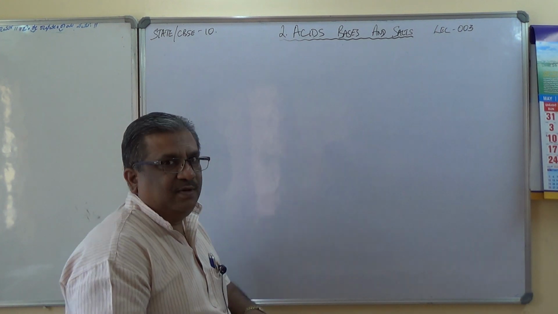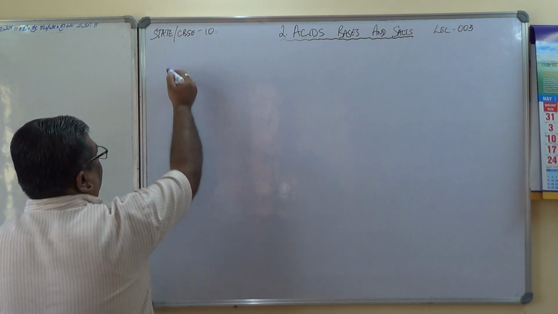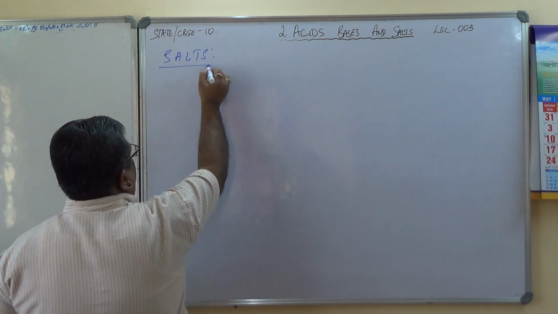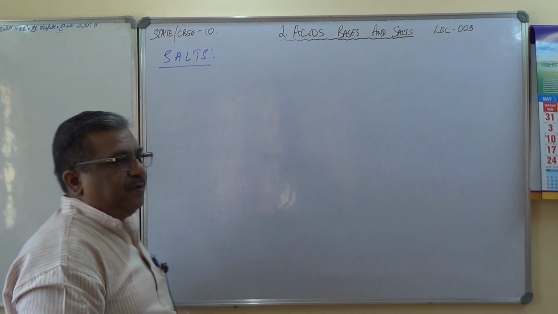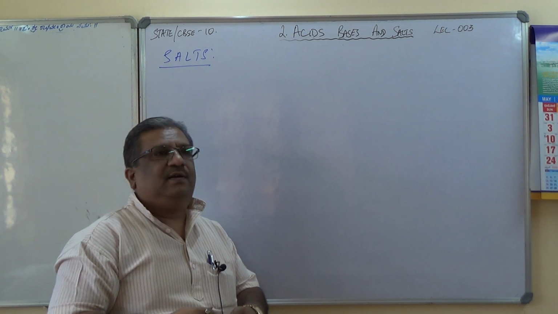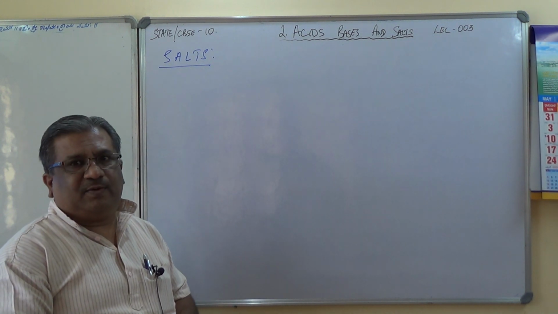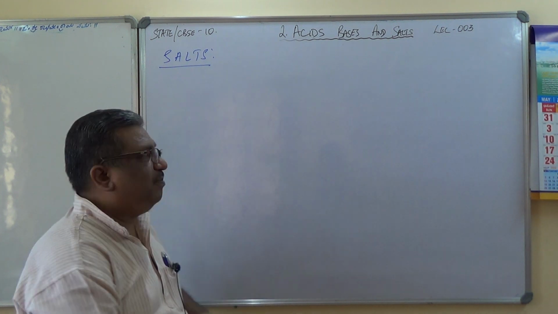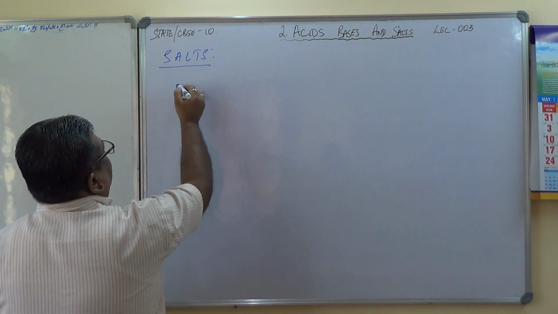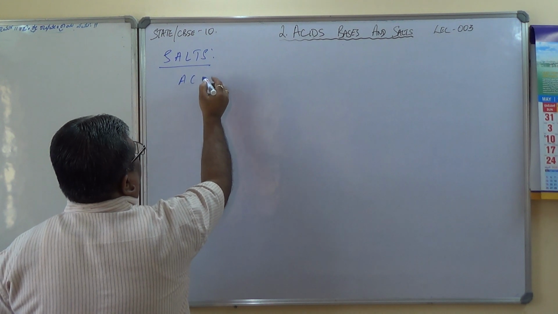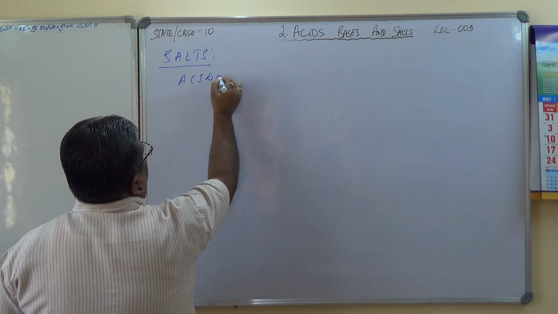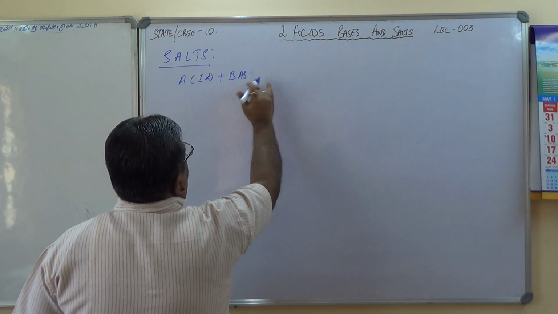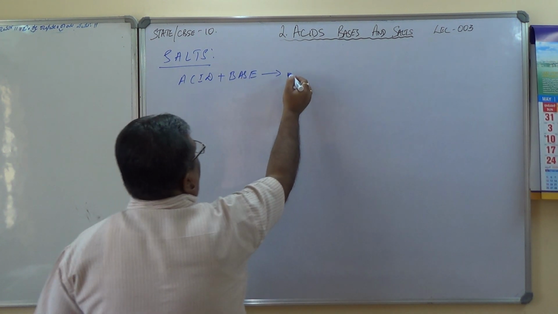Let us study now the salts. Salt is a product of neutralization reaction. When acids and bases react together, due to neutralization reaction, salt and water is produced. So when acids and bases react together, acid plus base gives you salt and water.